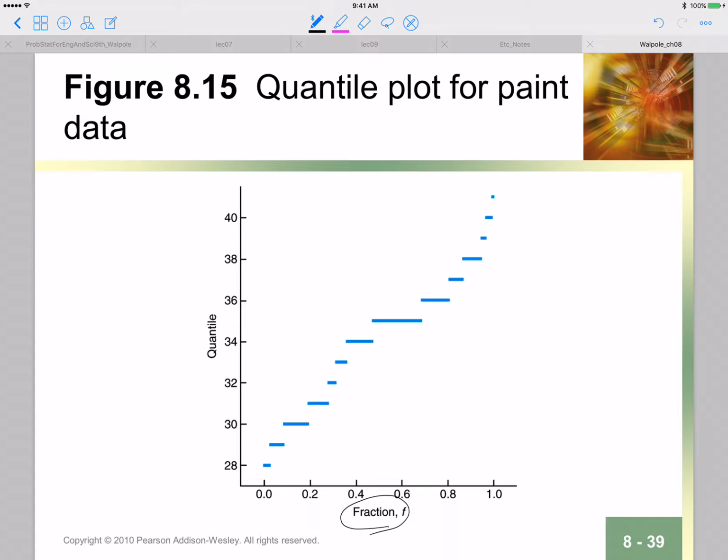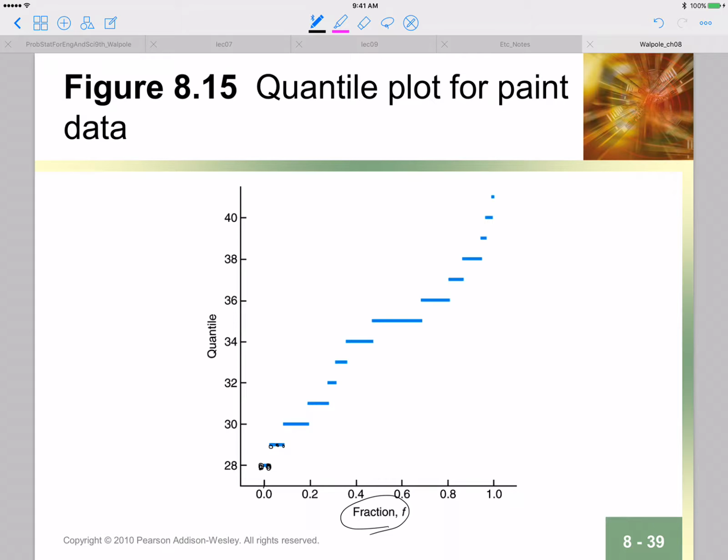Depending on the probability value, which we call f or fraction, we can map it into a corresponding x value. The coordinates between the fraction and the x value form one single point, then another single point, and so on. That way we can obtain this kind of quantile plot.